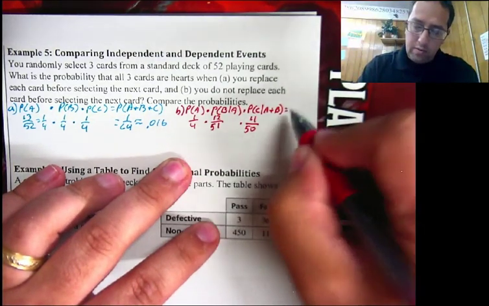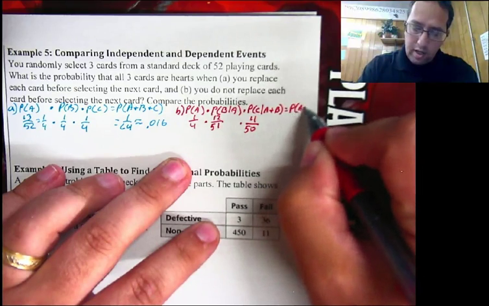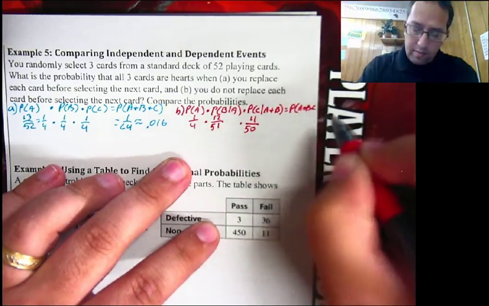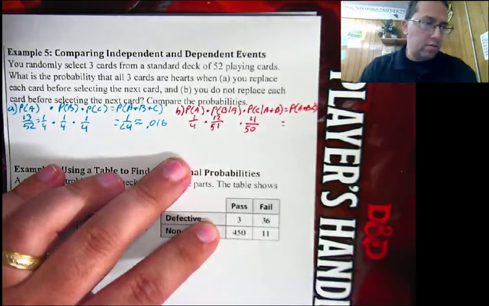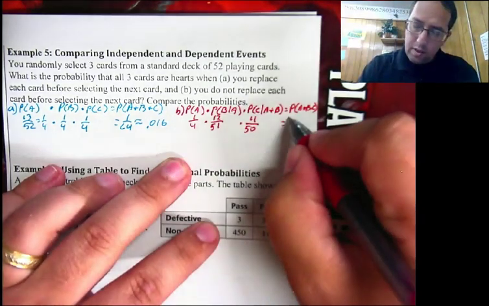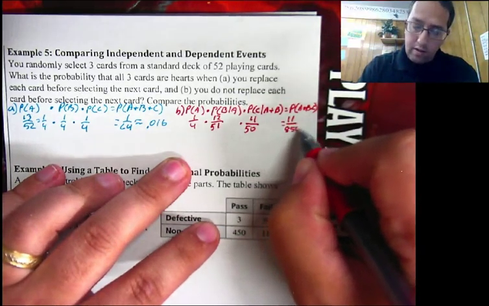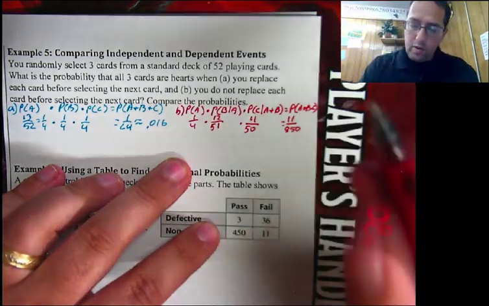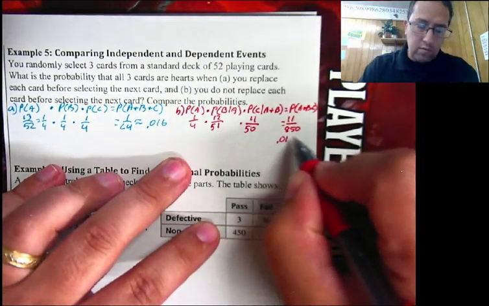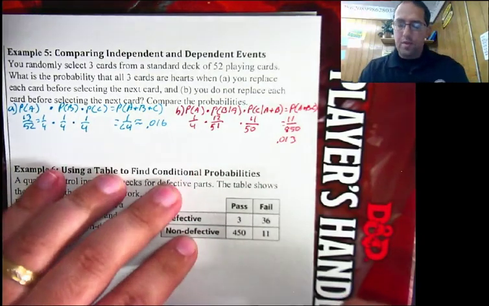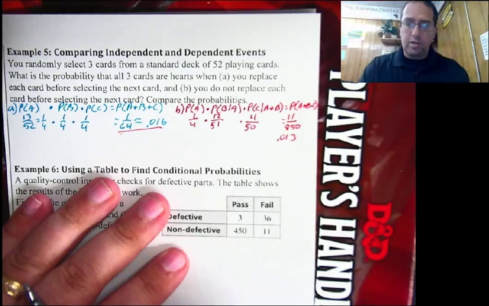And this is going to equal the probability of A and B and C. All right. So stick it in your calculator, and we end up with 11 out of 850, which as a decimal is approximately 0.013.